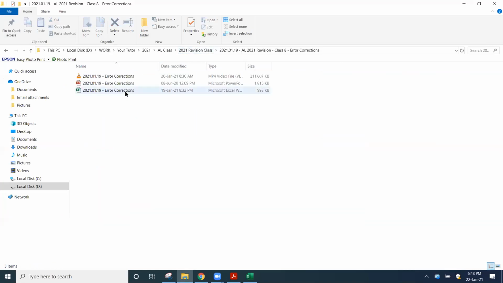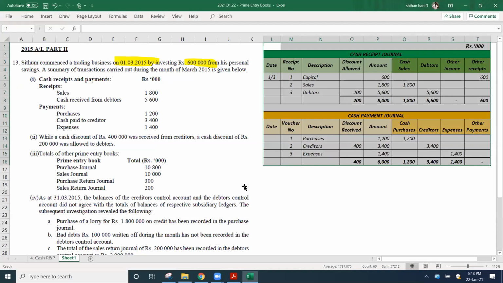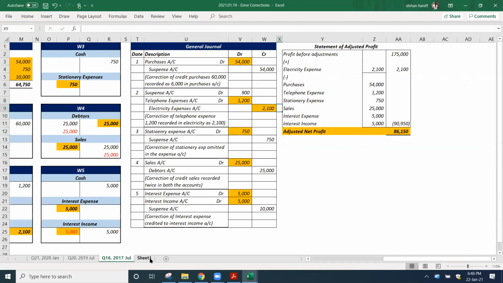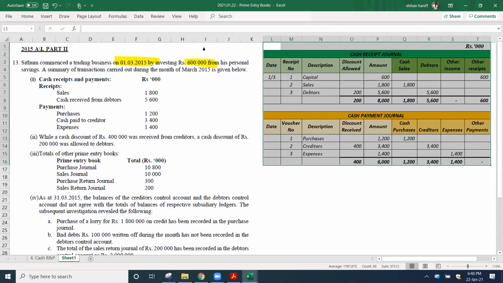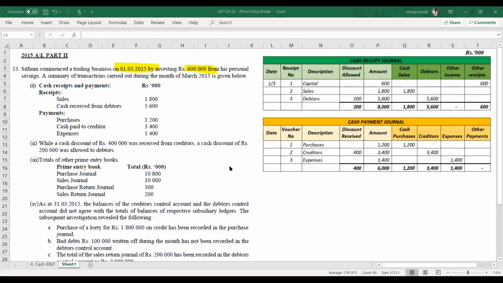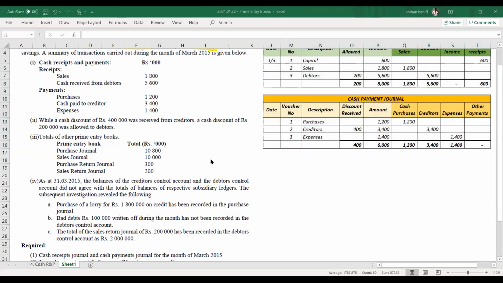Draw a general journal. So there are three errors.